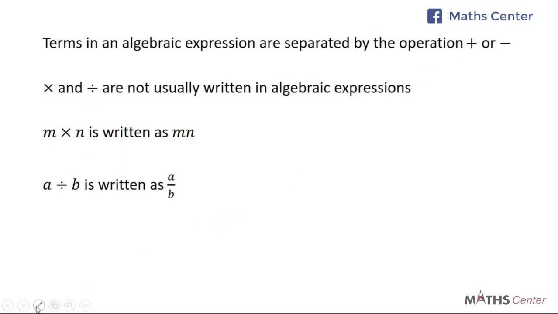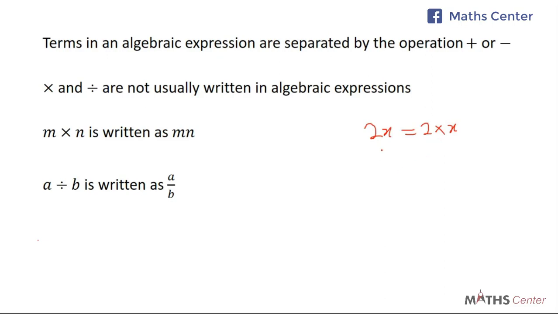In the previous examples that we took, we had 2s. 2 and s were written together, which means that this is actually 2 times s. But because we usually do not write multiplication in algebraic expressions, 2 times s is written as 2s.